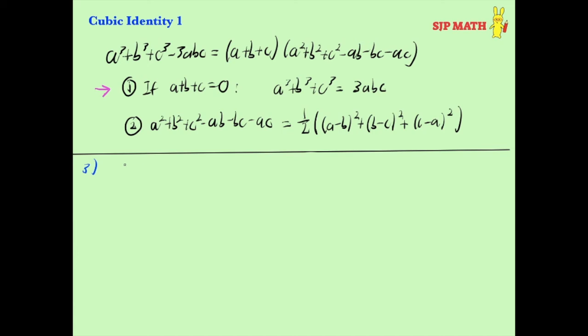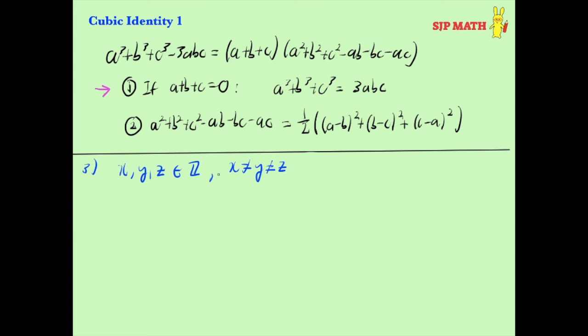Given that x, y, z are distinct integers, so x, y, z are integers, but they're distinct. I'll just write all these down because it'll be helpful.